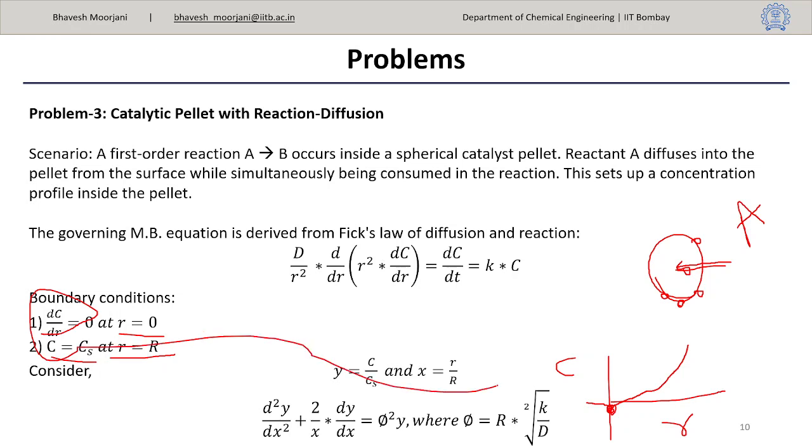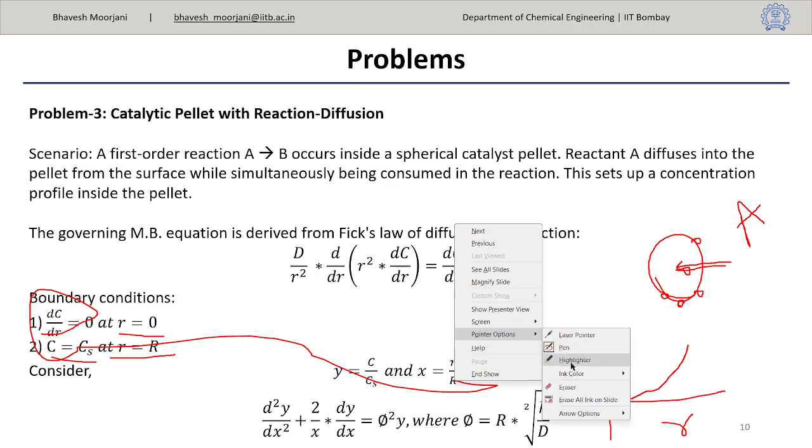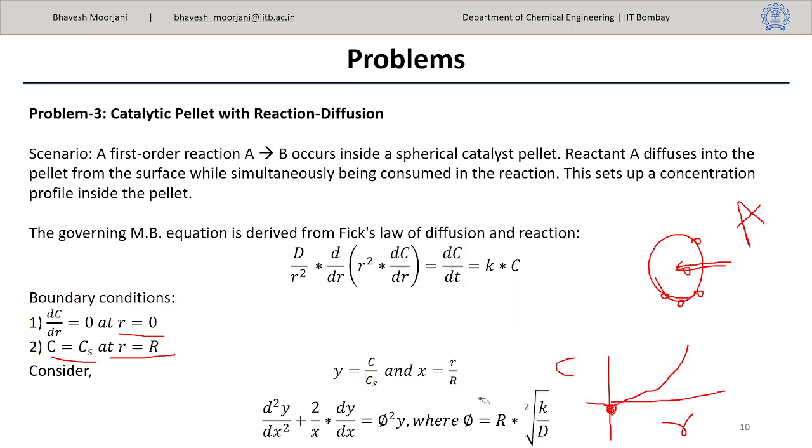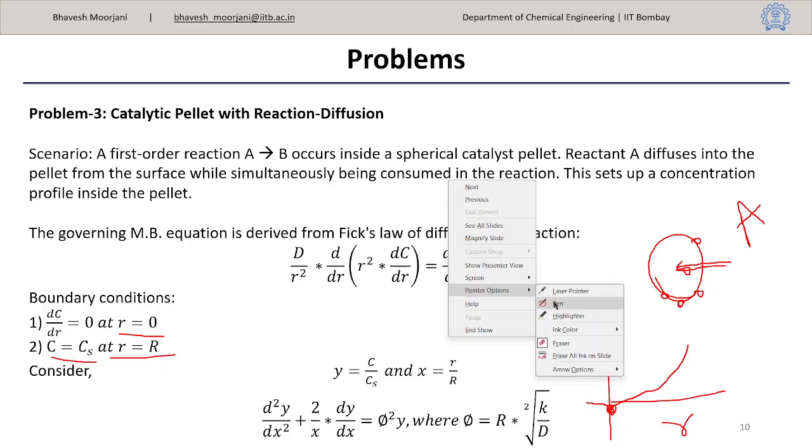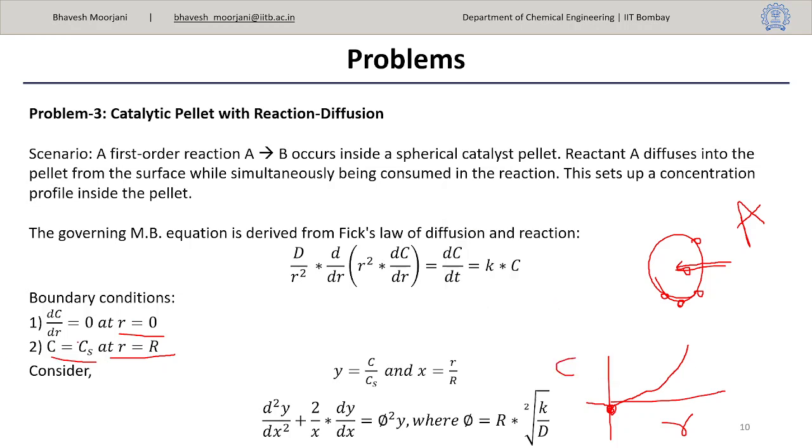So beyond this core, there won't be any change in the concentration. Since there is no change in the concentration beyond the core, your gradient dC/dr at r equal to 0 becomes 0. So this becomes your ordinary differential equation. This is a higher order differential equation, and you have two boundary conditions.